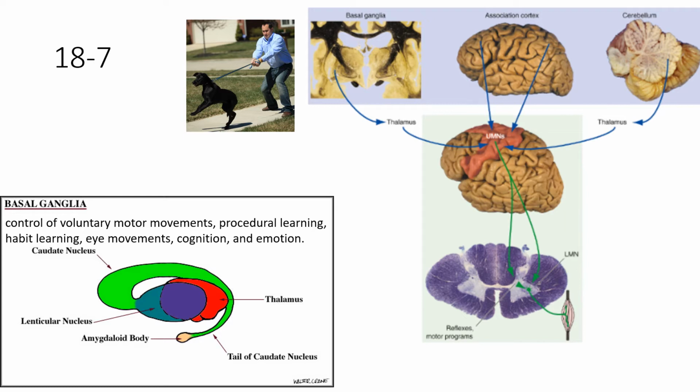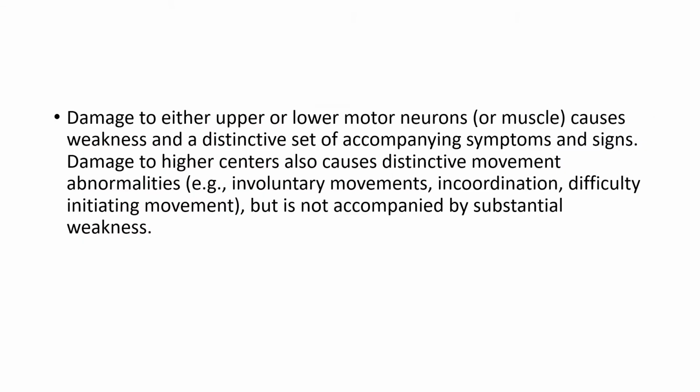The basal nucleus is the calming hand on the shoulder saying, hey, not yet, don't go yet. So it controls our movement by inhibiting it. The picture on the left, I think of it like the leash on the dog. The person holding back that dog with the leash is the basal nucleus, saying, hey, don't go yet. Our bodies are that dog, always ready to go. The basal nucleus calms it down.